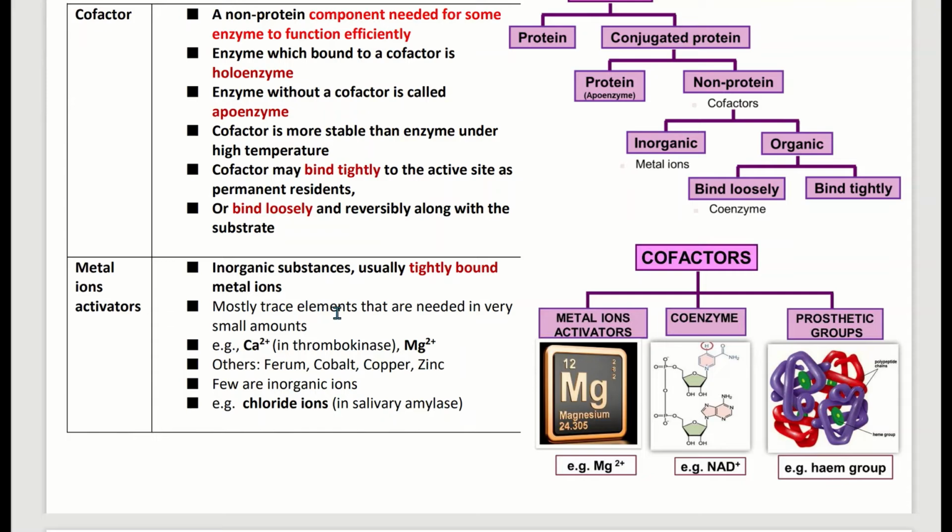Okay, mostly trace elements that are needed in very small amount. Okay, contohnya calcium ion, magnesium ion, ferrum, cobalt, copper, zinc. Okay, chloride ion. Okay, you nampak je ion-ion tu semua ni falls under cofactor jenis inorganic that tightly bound to the enzyme.